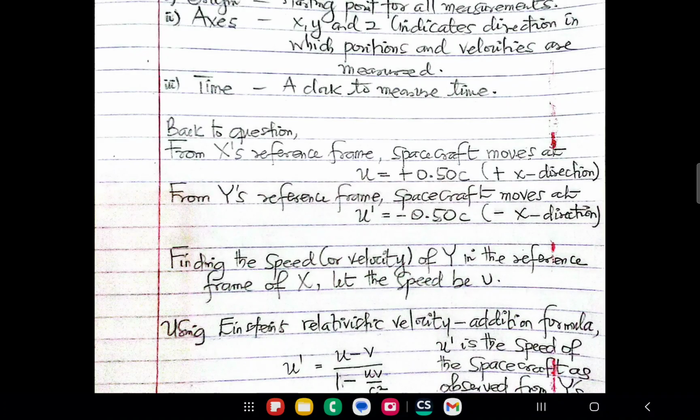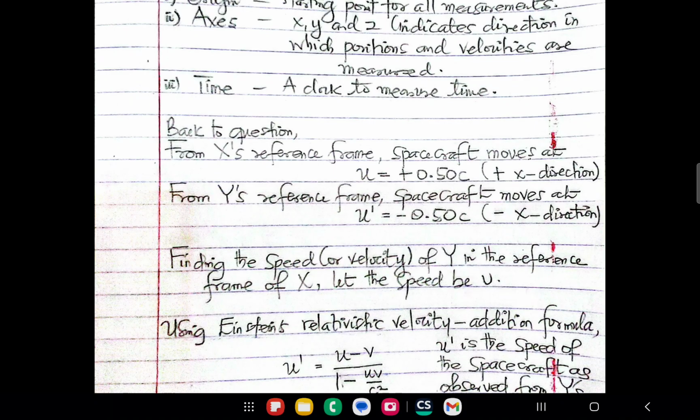Now, going back to the question, we have two observers, observer X and observer Y. From observer X's reference frame, the spacecraft moves at 0.5 c in the positive X direction, so we denote that speed as positive.